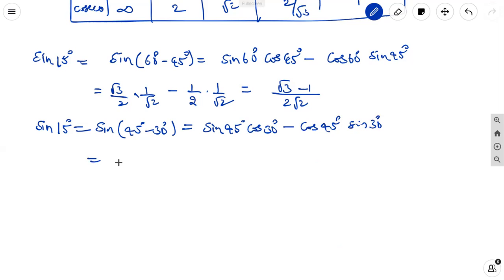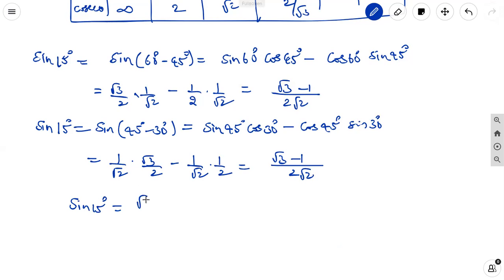Sine 45 is 1 by root 2, cos 30 is root 3 by 2, cos 45 is 1 by root 2, sine 30 is 1 by 2. So again taking the LCM 2 root 2, the numerator is root 3 minus 1. In both cases, we get the same value, that is, sine 15 degrees is equal to root 3 minus 1 by 2 root 2.